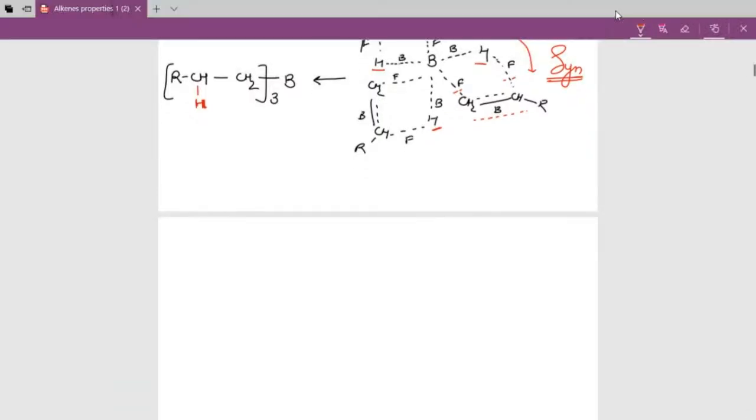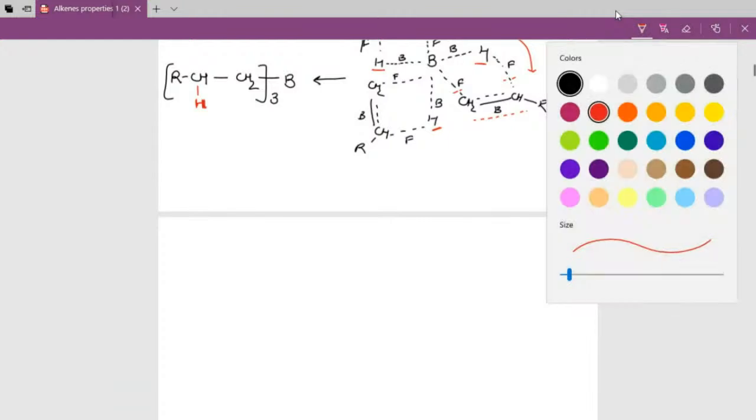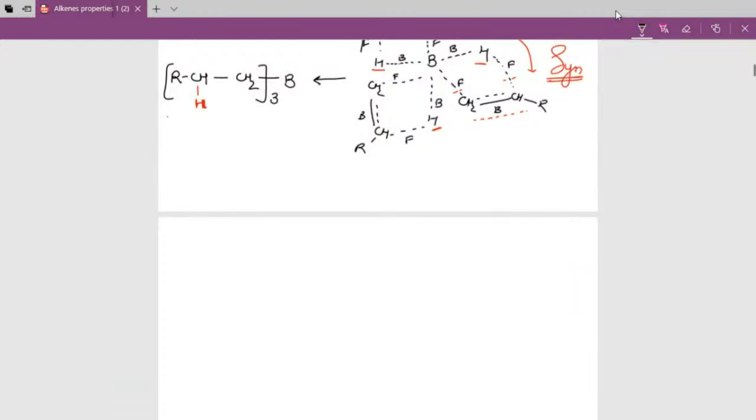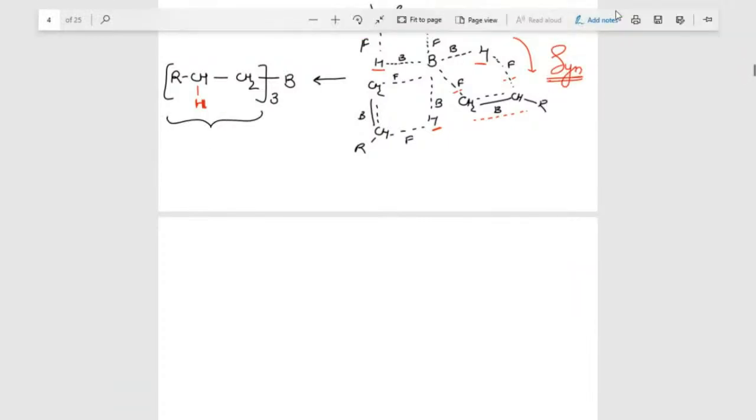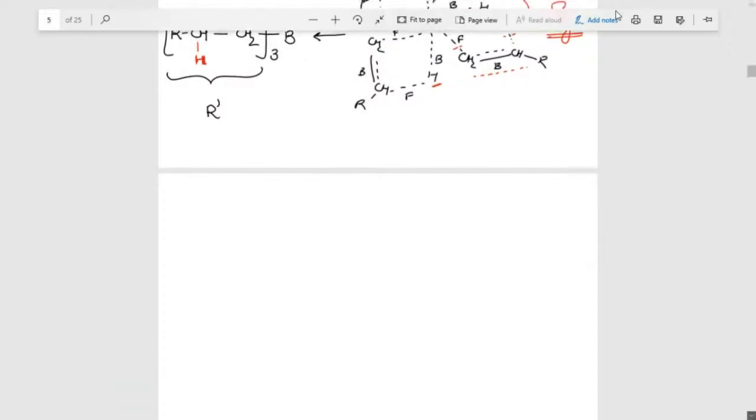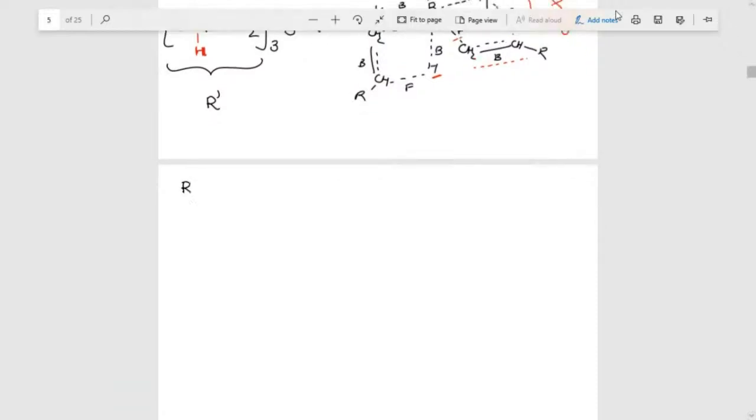Now, once we have formed this, I'll represent this part in continuation with R dash for further discussions. And then in the end, I'll replace it with this particular RCH2CH2 again for your understanding. Now, what we have formed is R3B.